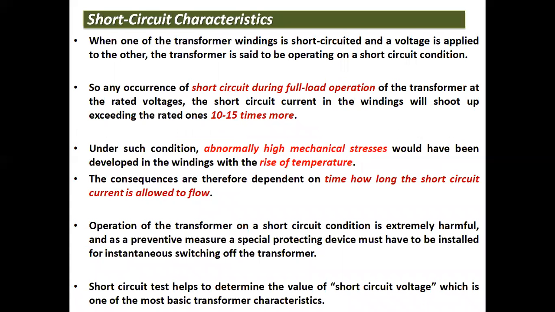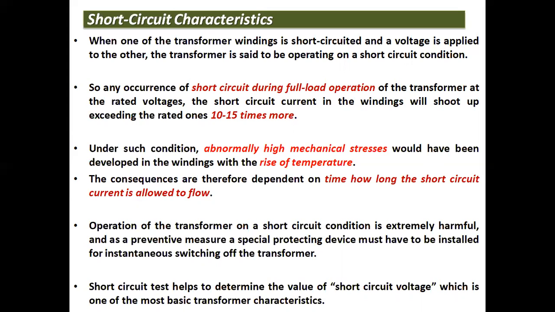Short circuit characteristics. When one of the transformer windings is short circuited and a voltage is applied to the other, the transformer is said to be operating on a short circuit condition. So, on any occurrence of short circuit during full load operation of the transformer at the rated voltages, the short circuit current in the windings will shoot up, exceeding the rated ones 10 to 15 times.